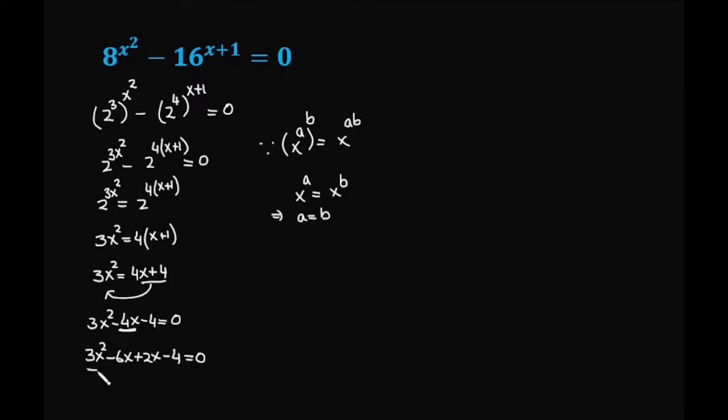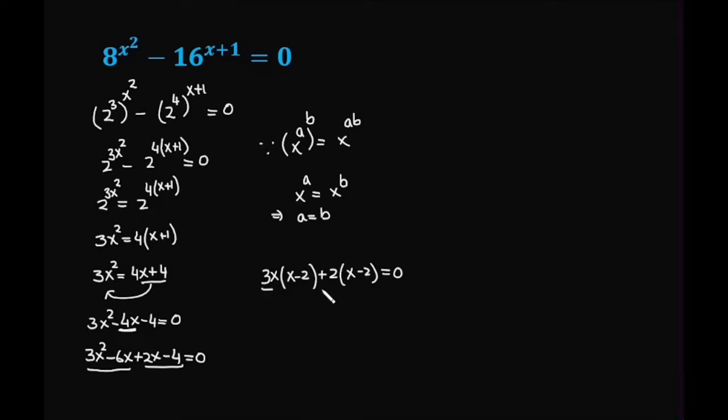Now from the first part, from these two terms, I am going to take out 3x, take the 3x common. This is equal to x minus 2, and from the last two terms I am going to take the plus 2 out, plus 2, x minus 2 is equal to 0.